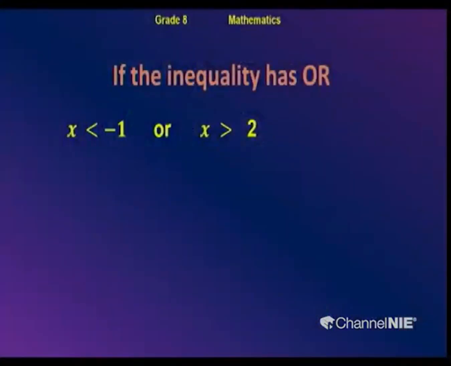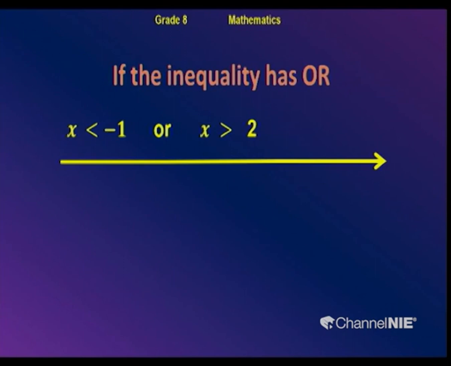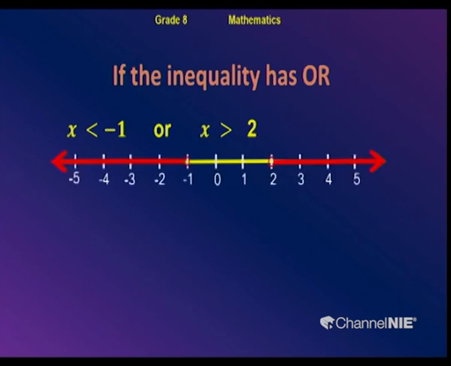Then we are going to talk about inequalities with OR. We learnt about inequalities with AND. Now look at this: x is less than minus 1 or x is greater than 2. We have to represent these on a number line.